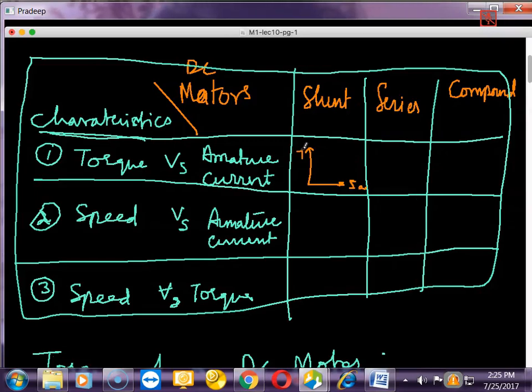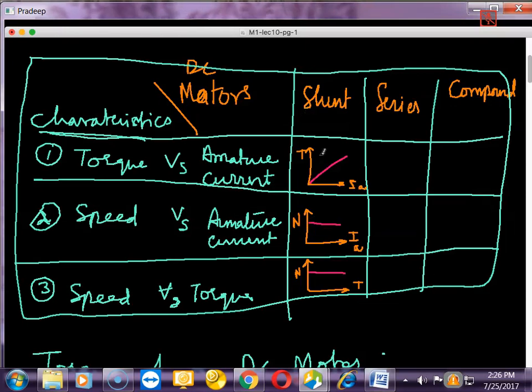Whereas here it is Ia and here is speed, and the last one is nothing but torque versus speed. So what we discussed just now, this is going to be a straight line, this is going to be slightly drooping, and this is also slightly drooping. So these are the characteristics of a shunt motor.